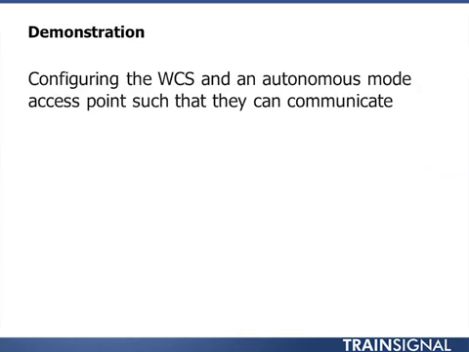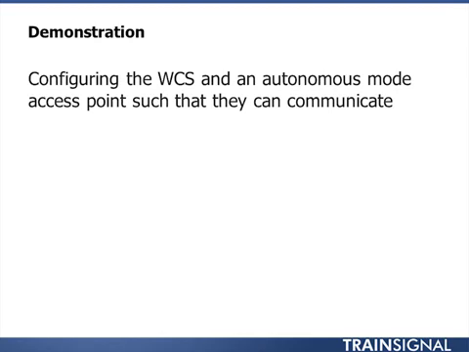Now, in this demonstration, I'm going to give you another example of how you set up and configure the wireless control system to manage wireless nodes. But this time, I'm actually going to set it up such that the wireless control system is managing an autonomous mode access point.